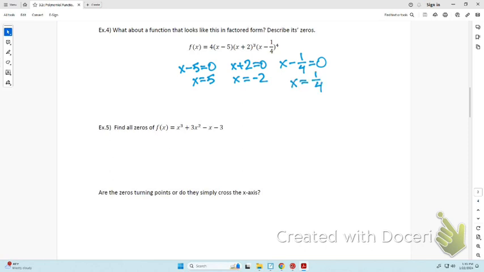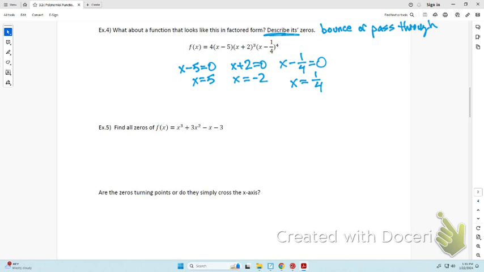Now, multiplicity, to describe the zero, does it bounce or pass through the x-axis? That's what it's asking. 5, negative 2, and 1/4, that's easy.